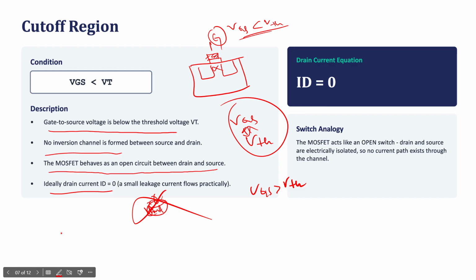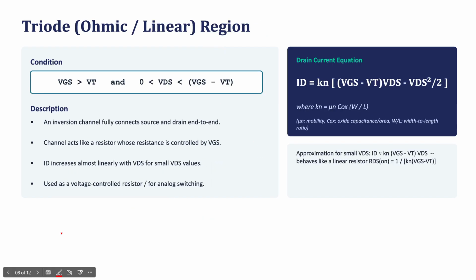So a minimum current flows. Theoretically, for studying purposes, we say that ID is equal to 0. So the MOSFET acts like an open switch, and drain and source are electrically isolated. There is no current path since there is no channel. That's why it acts like an off switch. Open switch is nothing but an off switch.